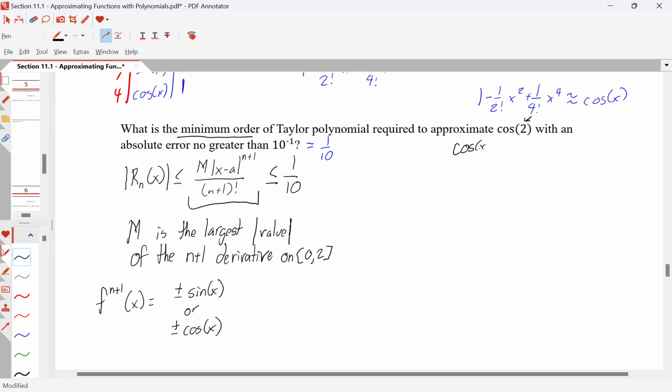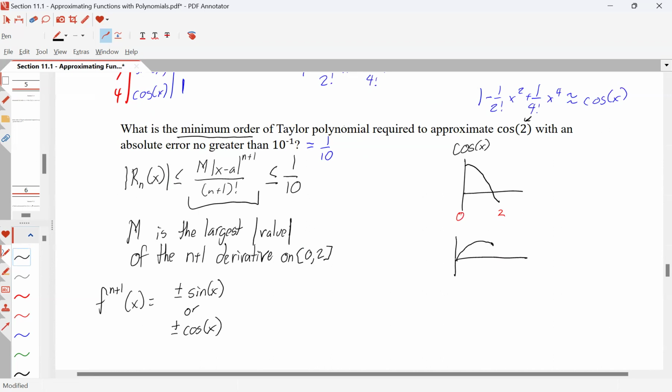For cosine, the graph of cosine from 0 to 2 looks like this. And the graph of sine from 0 to 2 looks like this.